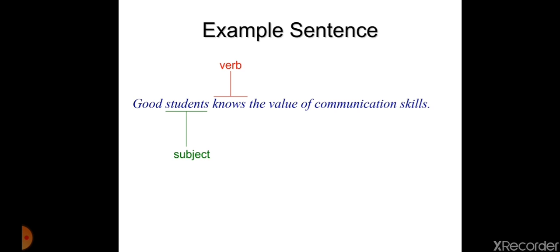Here there is another example. Good students knows the value of communication skills. Do you believe it is correct? Good students is plural in form, the subject is plural, but the verb is singular, that is knows. No, it's not correct.